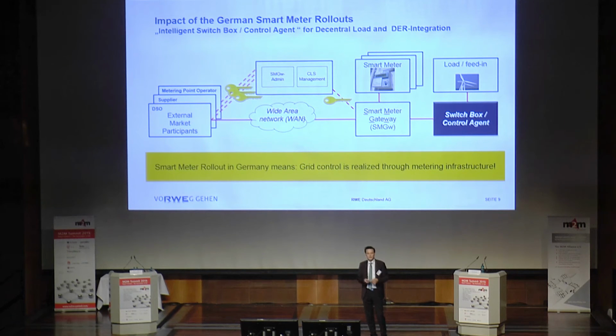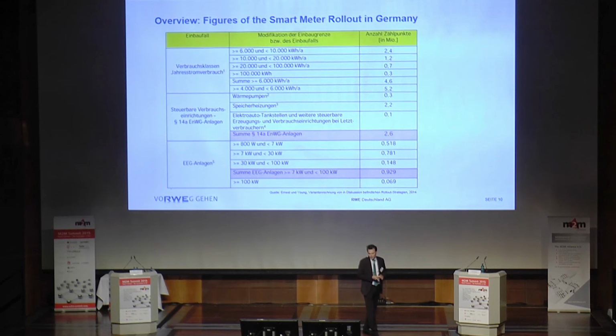So what is a switch box? You have 4 relays in this box, and you have some hardware, CPU, RAM on this board, and you can operate this device also as an intelligent agent if you want. So here you have the number of stations where we will do a rollout in Germany.